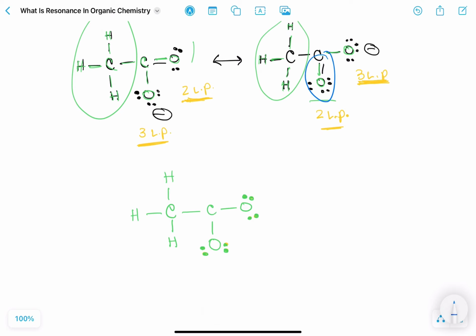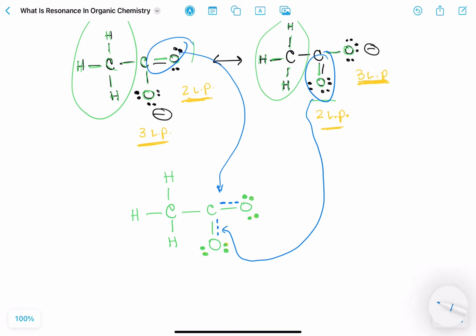Let's now look at this. Here we have the double bond at the bottom. Here we have the double bond at the right. For the double bond at the bottom, I'm going to draw a dashed line to represent that there would be a double bond at the bottom in one structure, but not in the other. Here, I'm going to draw my dashed line over here to indicate that in the structure to the left, we have a double bond there, but not in the structure to the right.